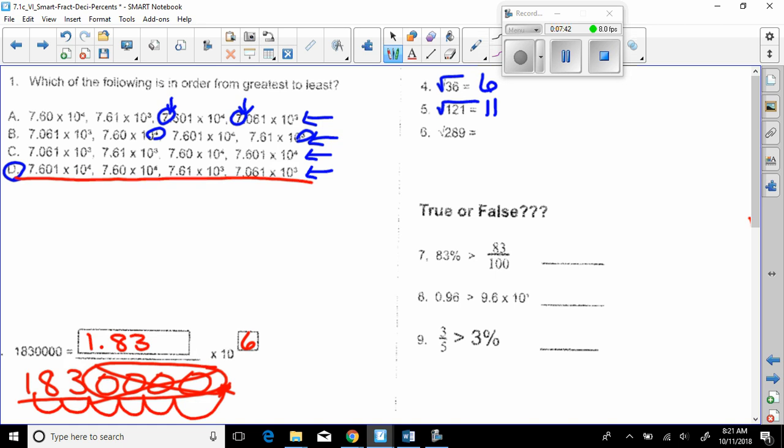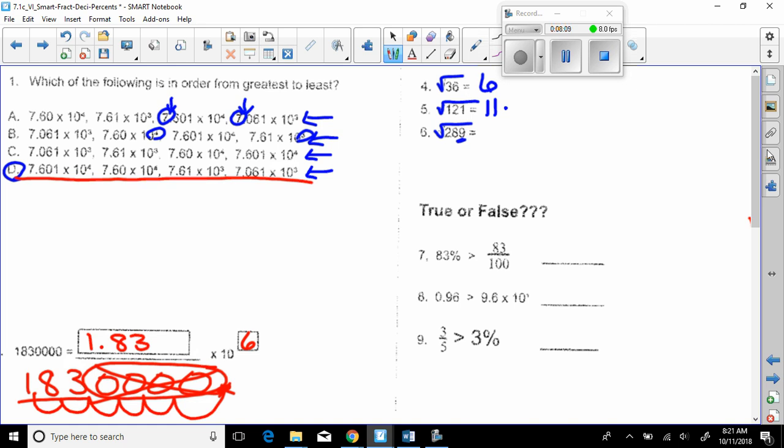Now we have a bigger number here. We have 289. So think to yourself, all right, that is a pretty big number, so you definitely know it's going to be bigger than 11. Another thing you want to think about is it's an odd number. So since it's an odd number, your square root is going to be an odd number.